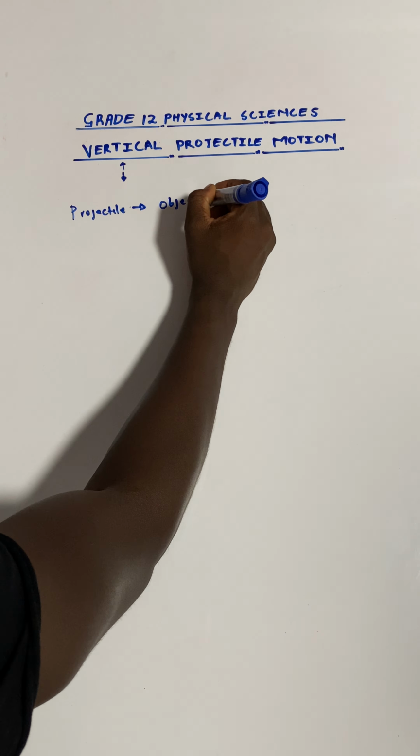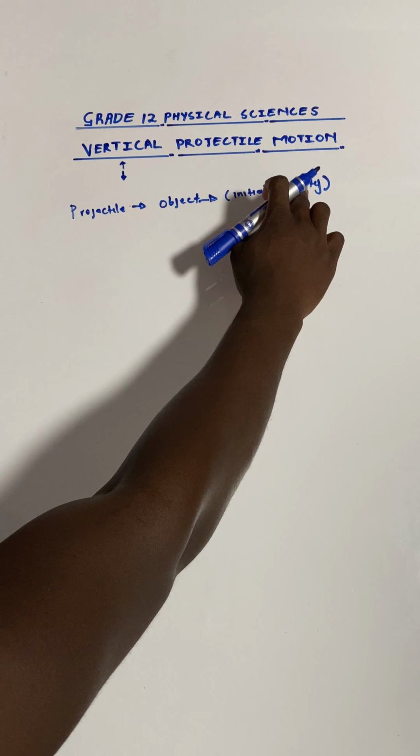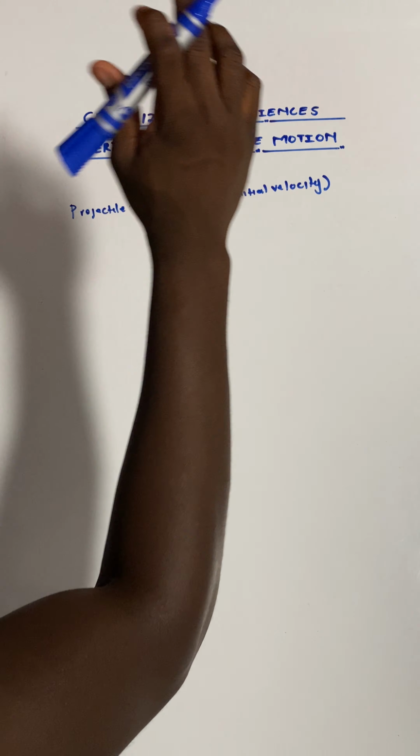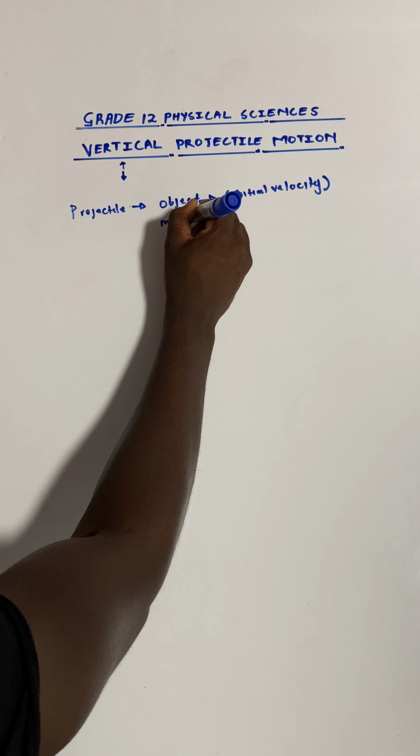Now let us check what the rest of the definition says: the object has been given initial velocity and then moves under the influence of gravitational force.